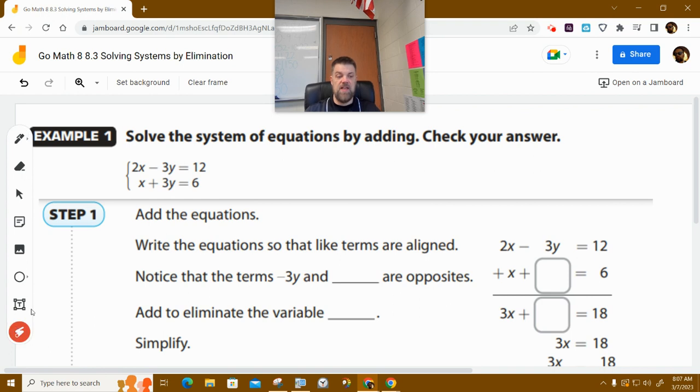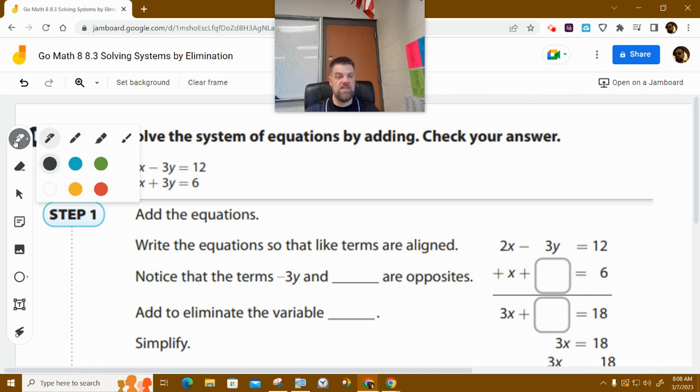But one thing that I want to point out is that this has a negative 3y and this has a positive 3y. Okay, so notice that if I have a negative 3y and a positive 3y, oops, let me actually write this in here.